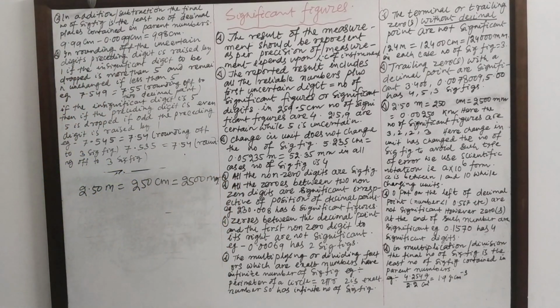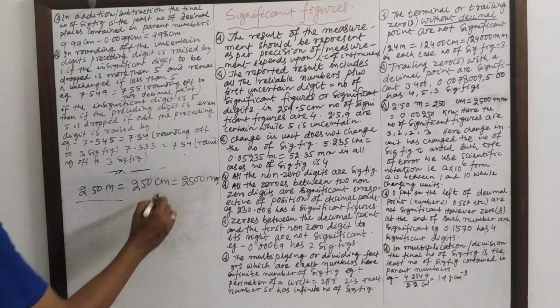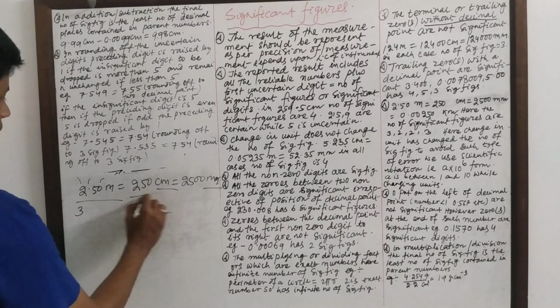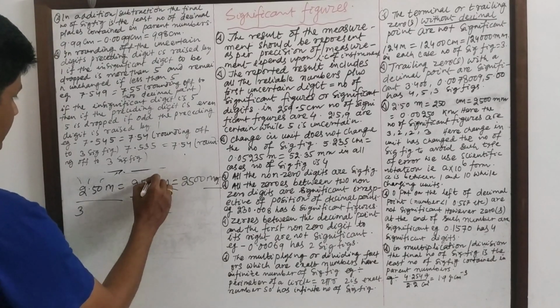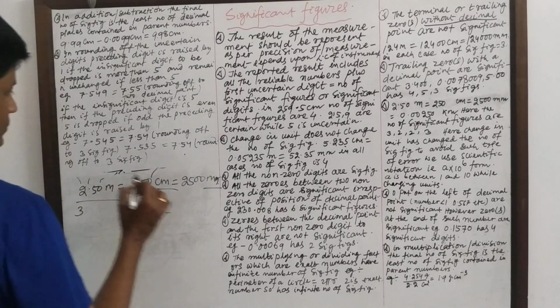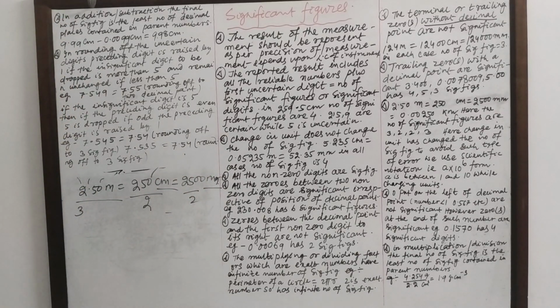Now consider the example, if we convert 2.50 meter into cm and mm, then what happens? Here the number of significant figures is 3. Here the number of significant figures is 2. This is trailing zeros without a decimal point. This is 2, this is also 2. Here the error comes.